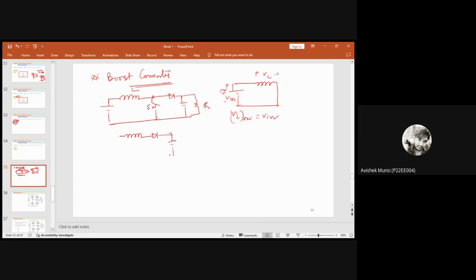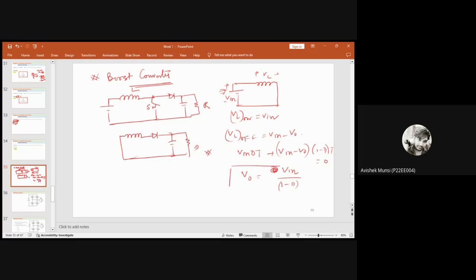In this case, VL off equals Vin minus V0. If you apply the amp-second balance which I said, then it will be Vin dT plus (Vin minus V0)(1 minus d)T equal to 0. If you solve it, V0 equals Vin by 1 minus d.